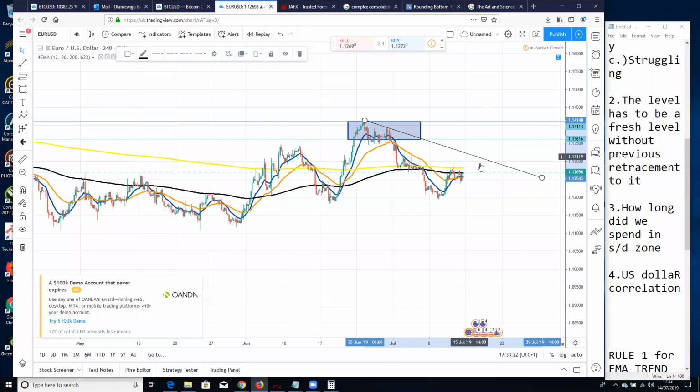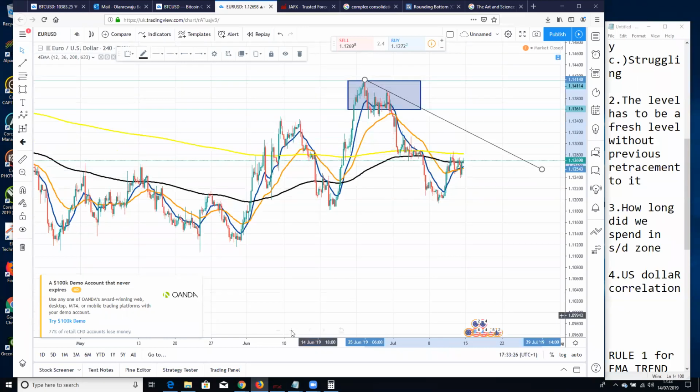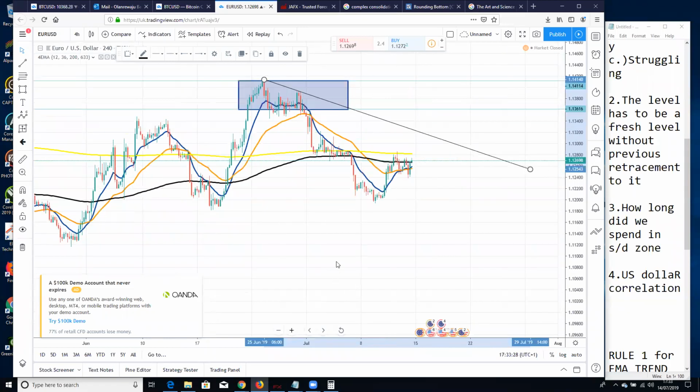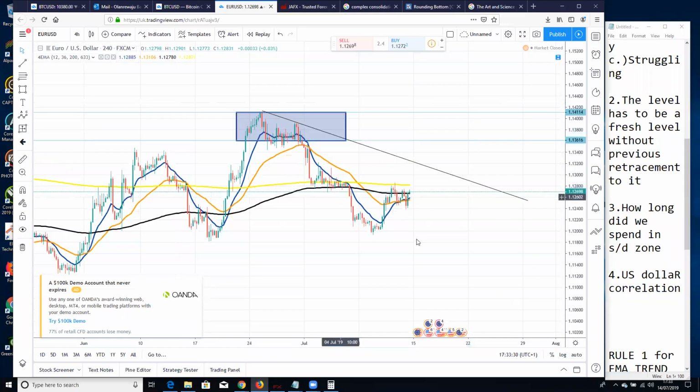But we are not close to that trend line at all. So the other thing is, if this price decides to move up, then this trend line might be that restriction for price to continue to move up.